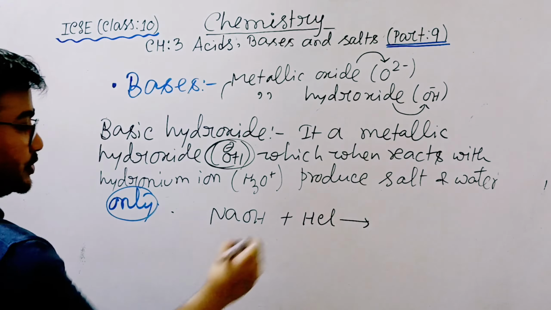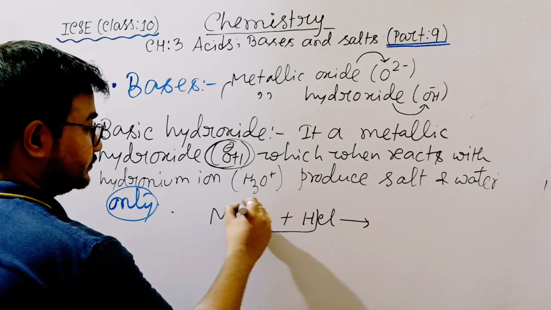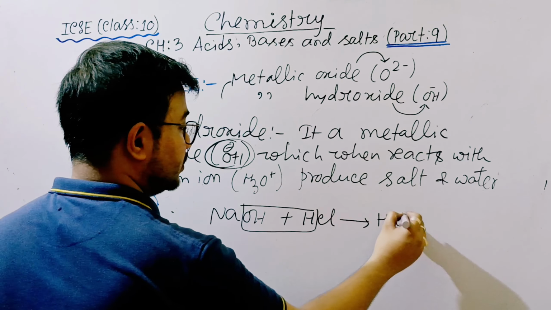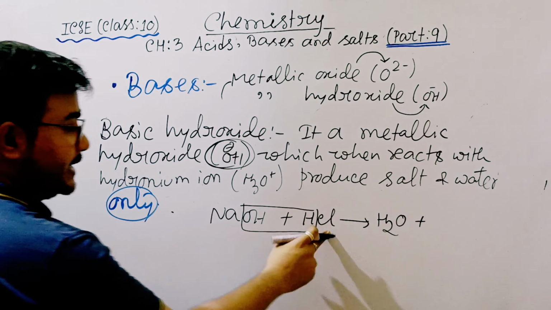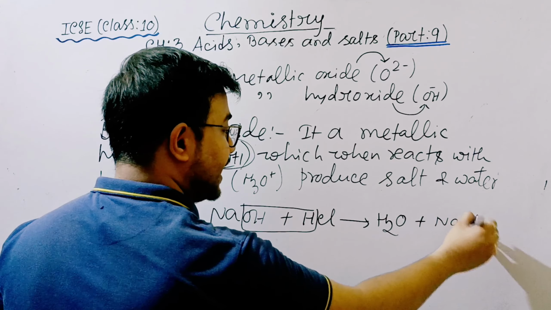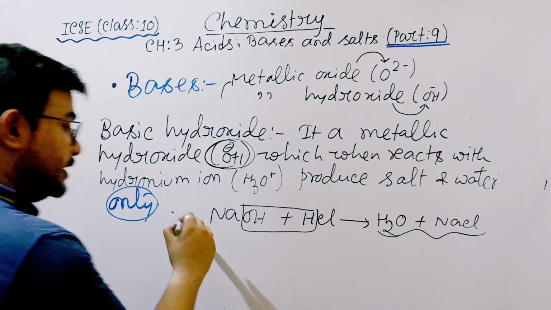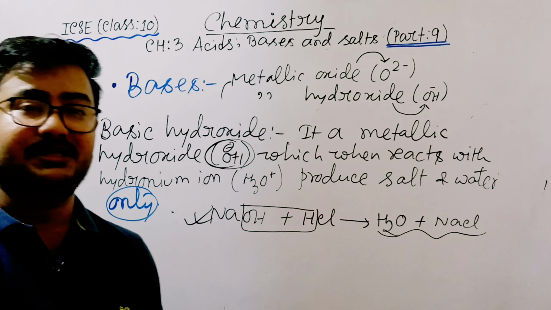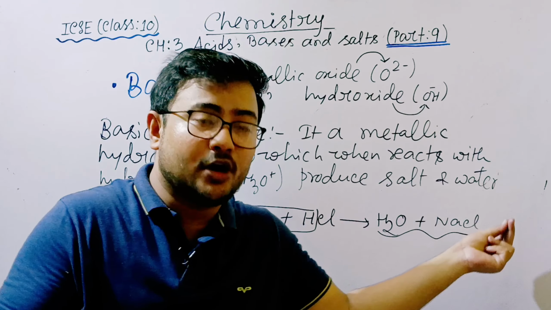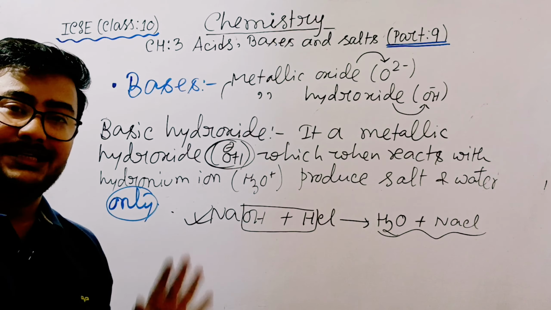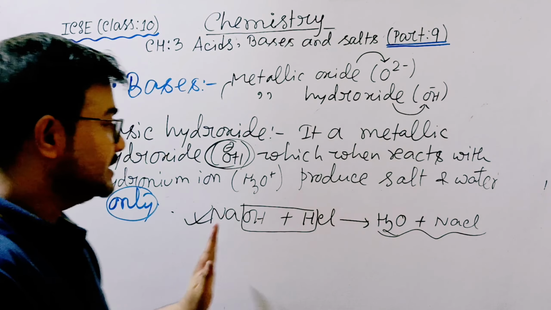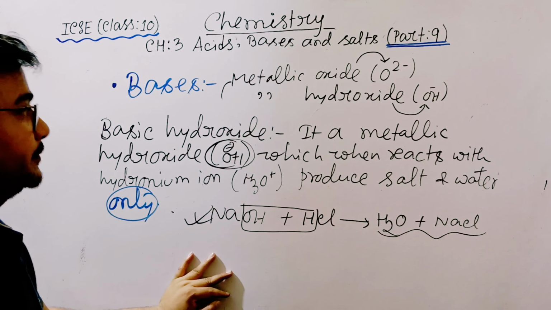Salt and water. So water means this water, H2O, and which one is left? Here Na and Cl. So see, here only salt and water, so it is considered as a base. If another new thing will form, it is not considered as a base.